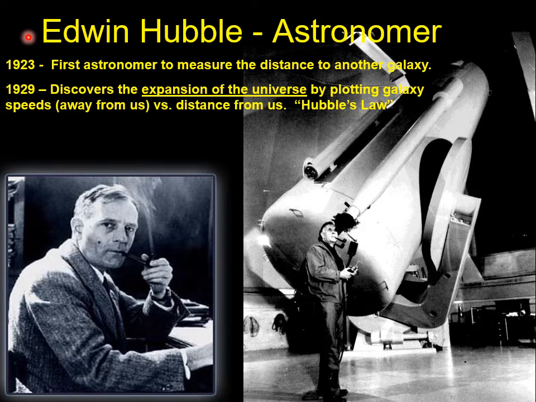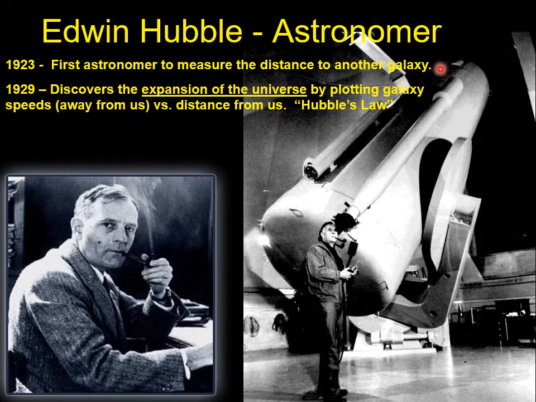Let's take a little step back now and introduce a famous American astronomer, Edwin Hubble. You've probably heard of the name Hubble because we've talked about the Hubble Space Telescope, which is named after the astronomer Edwin Hubble. So he is famous for a couple of things. In 1923, Hubble was the first astronomer to measure the distance to another galaxy.